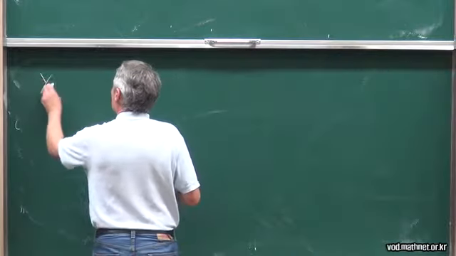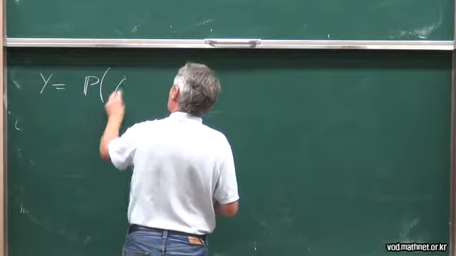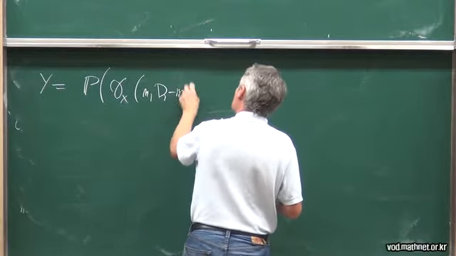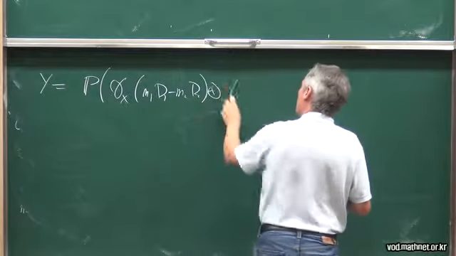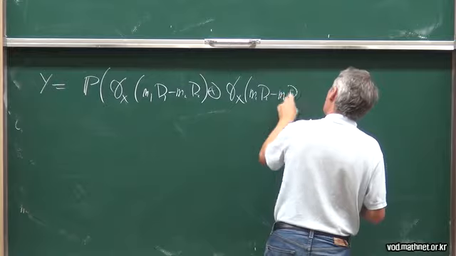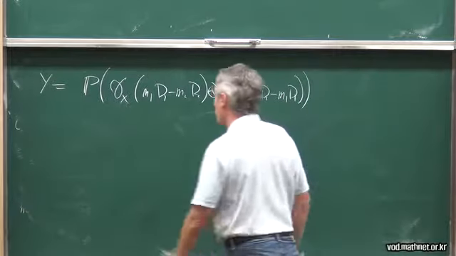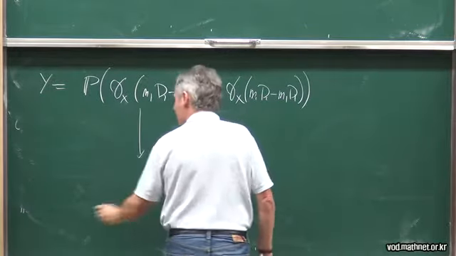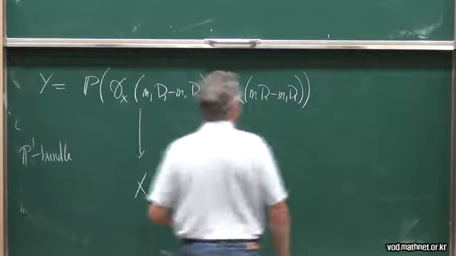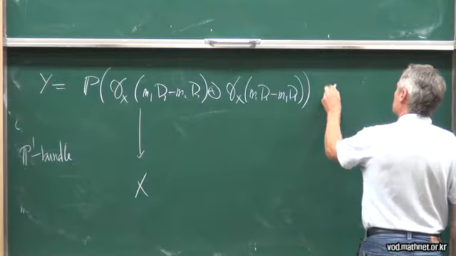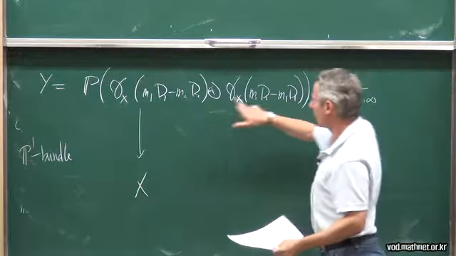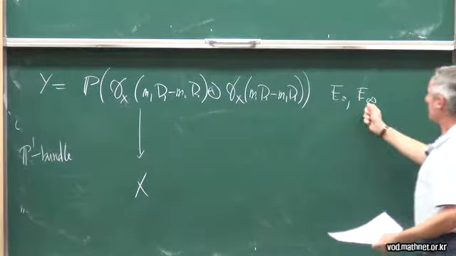So you let Y be the projectivization of O_X of m1 D1 minus m2 D2, direct sum O_X of m2 D2 minus m1 D1. You take those two divisors, that's a P1 bundle. And it's got two obvious sections, E0, E infinity, corresponding to the two obvious projections. That gives me two sections.